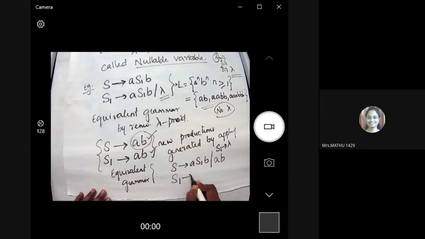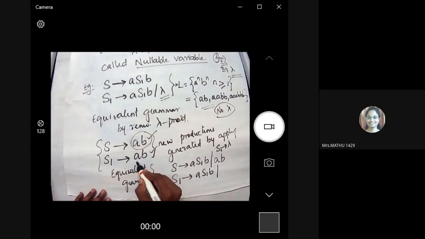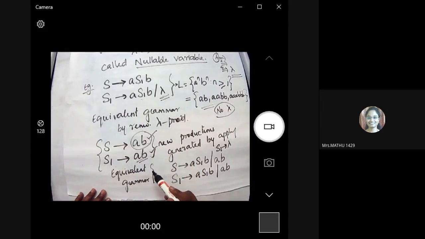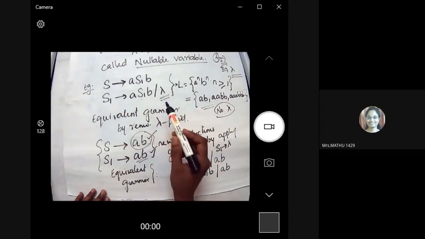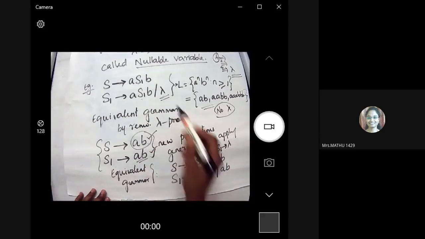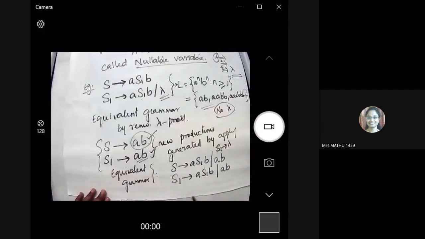Similarly, S1 gives A S1 B, and another new production we have generated, that is AB, and lambda can now be removed. By substituting lambda only, we were able to generate these new productions. So after removing lambda, we add these new productions and remove the lambda production. Now this equivalent grammar will be able to generate the same language.